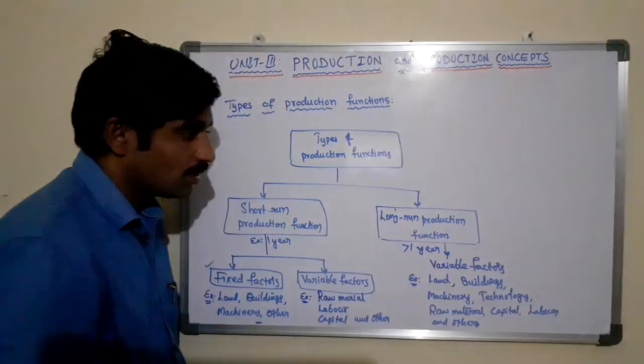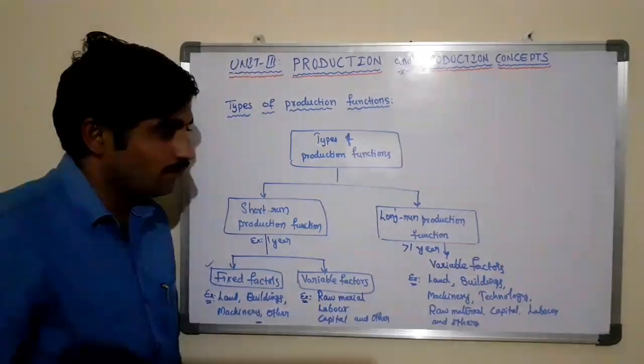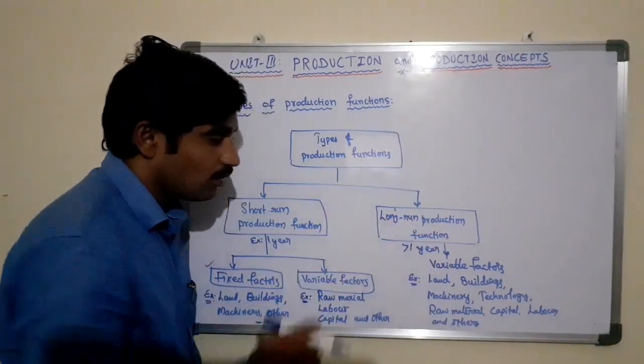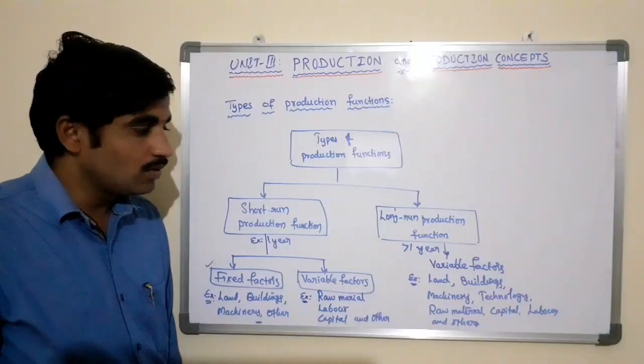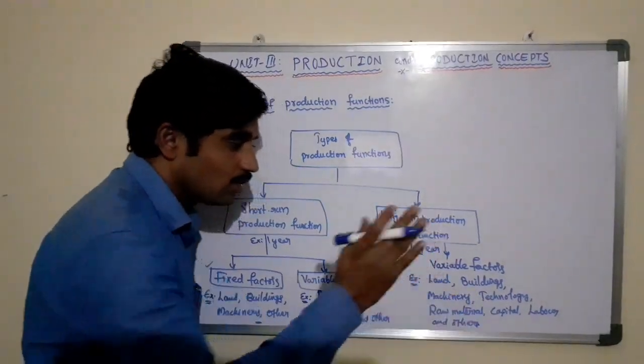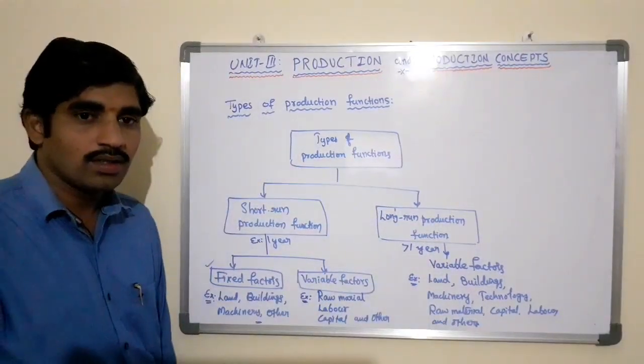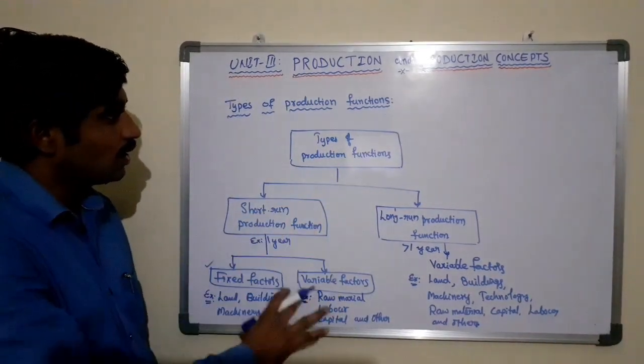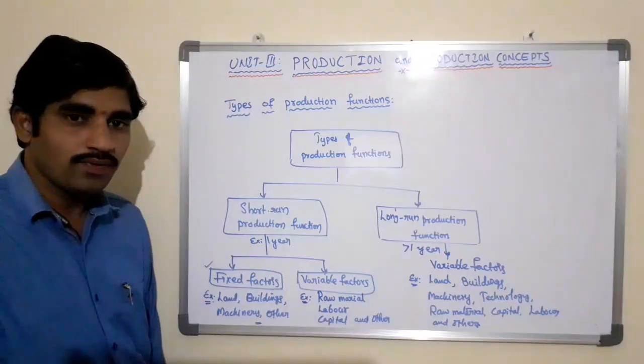Whereas coming to the long run production function, the production function that is used to disclose the relationship between the quantity of products that we are producing in the long run and the resources that are available in the long run is known as long run production function. So they are the two types of production functions.